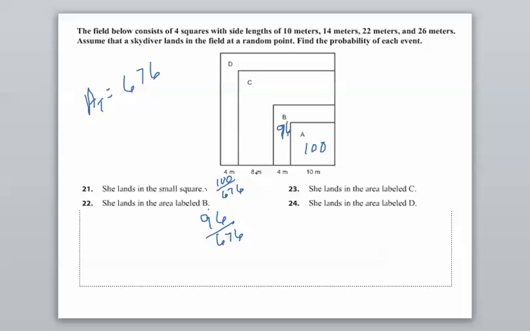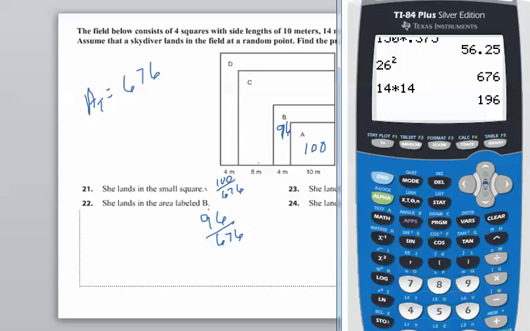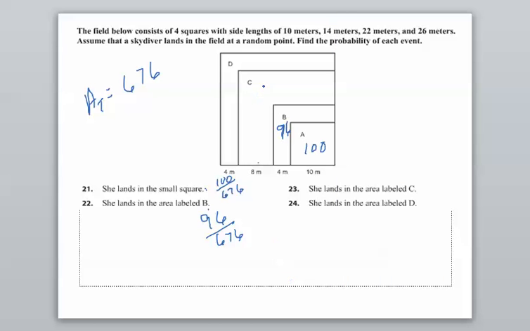Okay? What's the probability of landing in C? Well, that's 22 times 22 minus the 196, which is 288. And so the probability of landing there is going to be 288 over 676. And the probability of landing in area D?